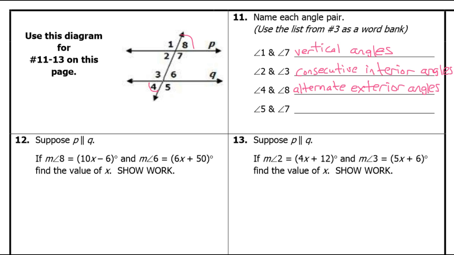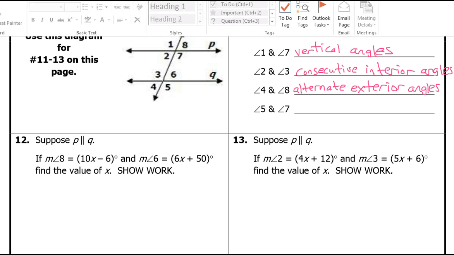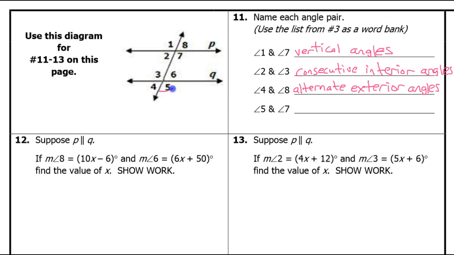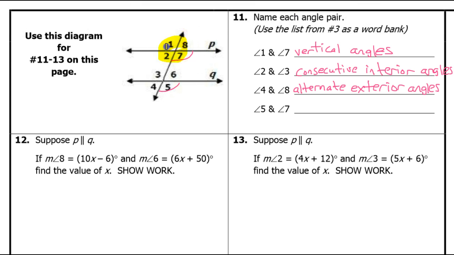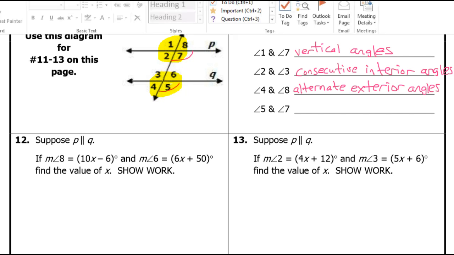Okay, and then finally 5 and 7. So here's 5, here's 7. These are both in the same position. If you look at this cluster, angle 7 is in the lower right hand corner. And if you look at this cluster, angle 5 is in the lower right hand corner. When they're both in the same position like that, they are called corresponding angles.